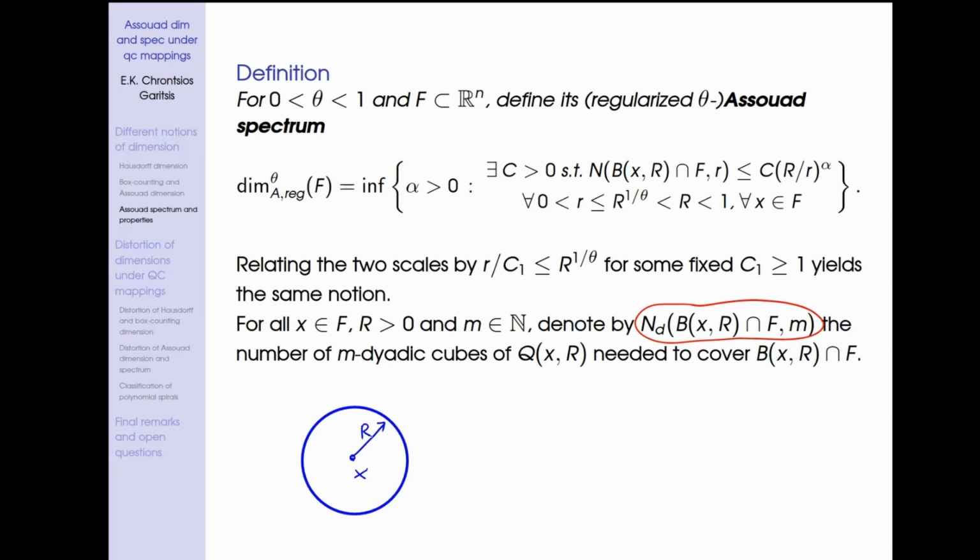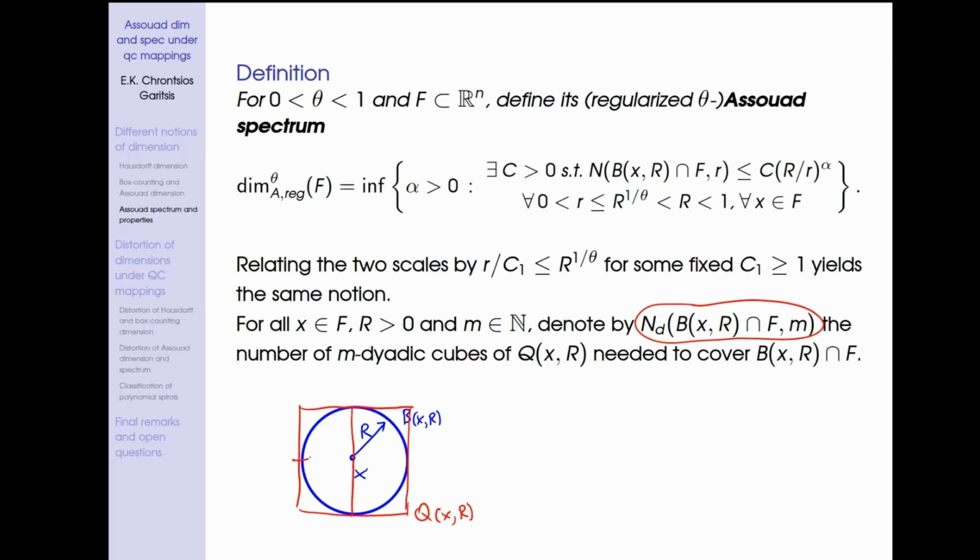We can use the smallest number of dyadic cubes. So if this is B(x,R), we also have the cube Q(x,R), and the zero dyadic cube is just Q(x,R).